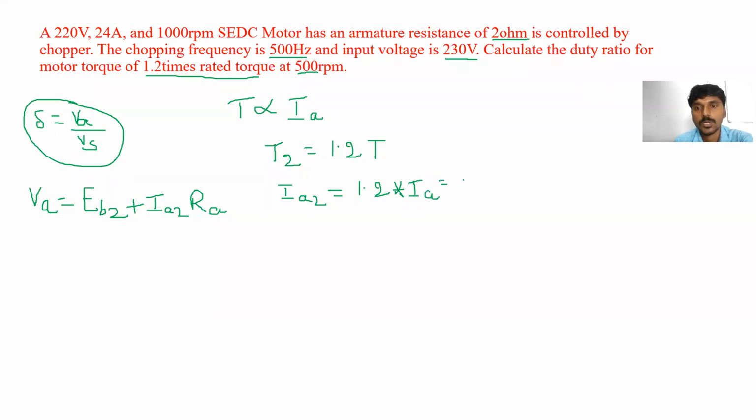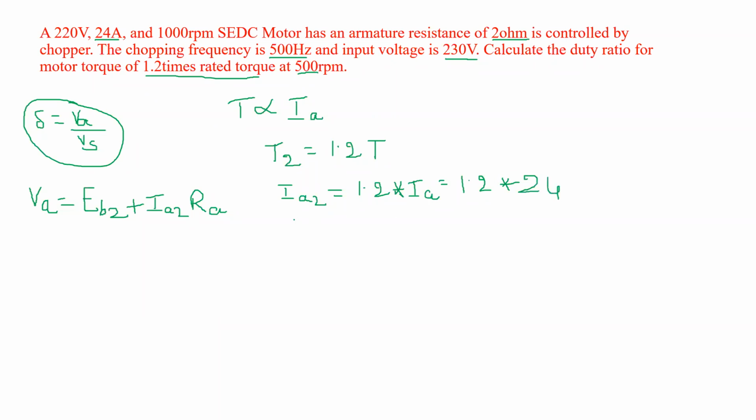That is equal to 1.2 into what is the value of IA? Rated armature current, 24.